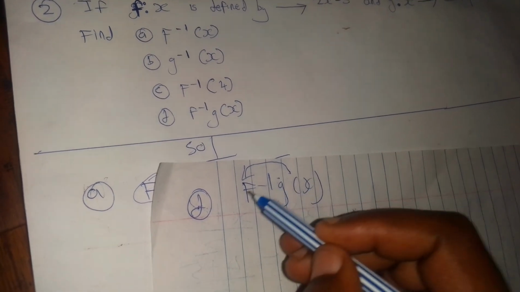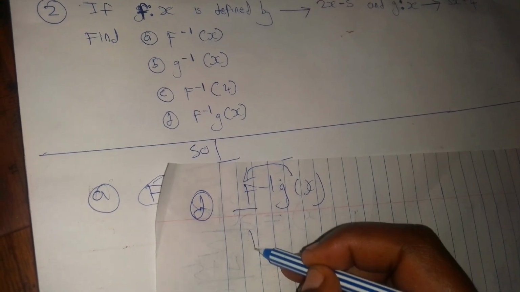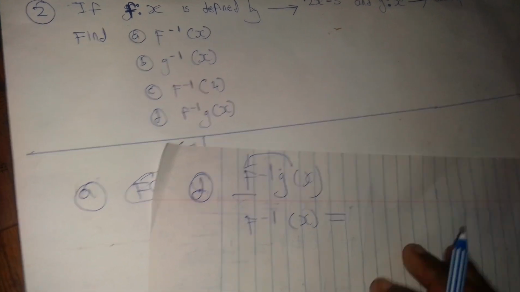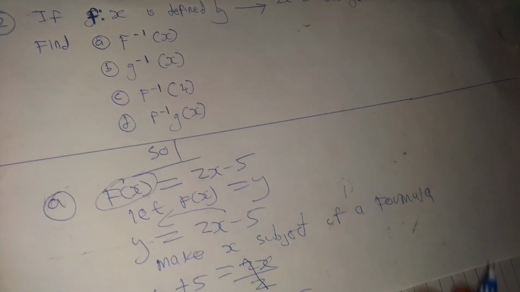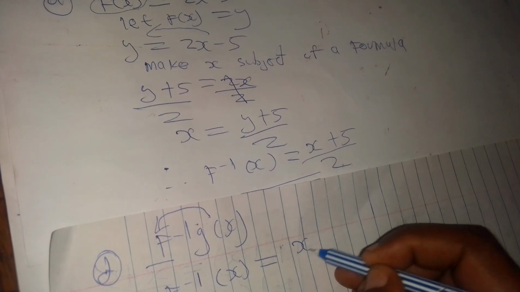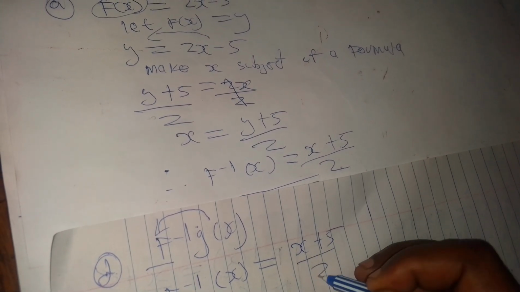First of all, you have to know what is f inverse. So f inverse is the first answer we had found at first, which is x plus 5 over 2.